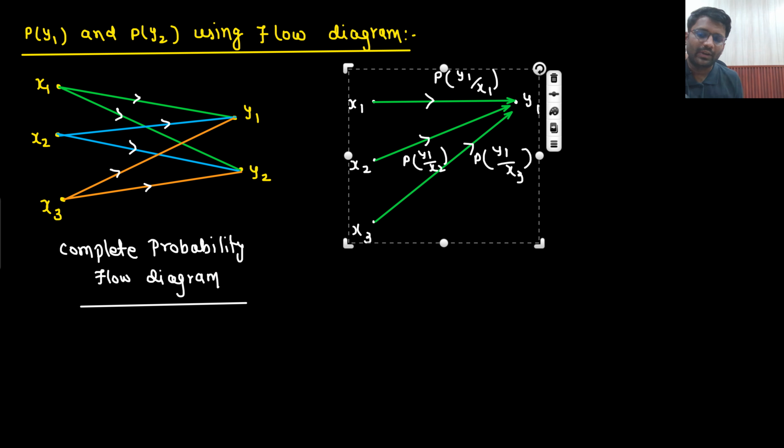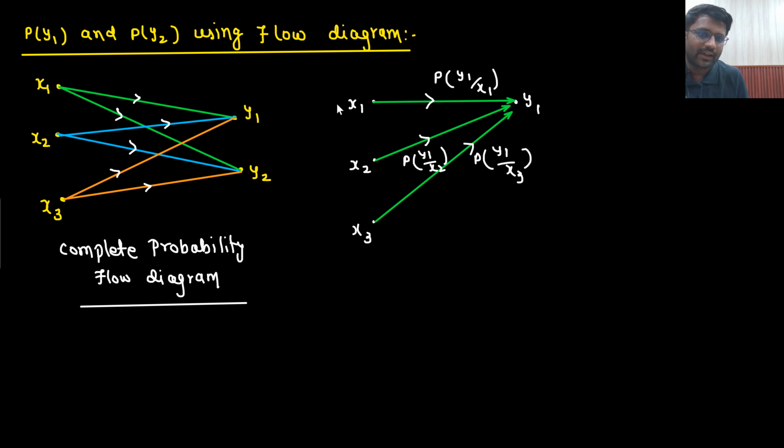Now one more thing I will do here. In front of x1 I will write down probability of sending x1, here I will write probability of sending x2, and here I will write probability of sending x3. Do you remember the answer? The answer was probability of sending x1 multiplied with probability of receiving y1 given that x1 was sent, or probability of sending x2 multiplied with probability of receiving y1 given that x2 was sent.